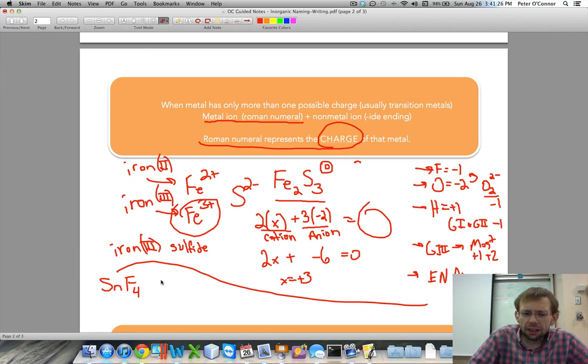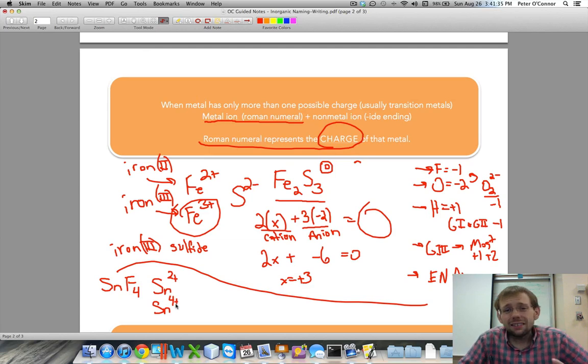Well, you could look up and realize tin can be 2+, tin could be 4+. Oh, man, which one is this? Some of you might be real smart and see it right away. I'm going to go the long way because we want to think logically here, folks. Remember, the logic never fails. The memorization can fail you. So let's not memorize. Let's just do what we just did.